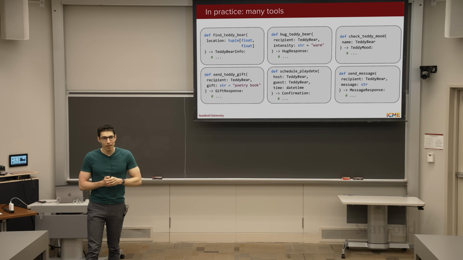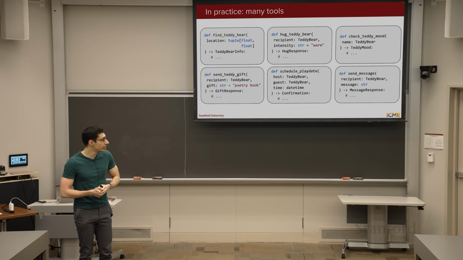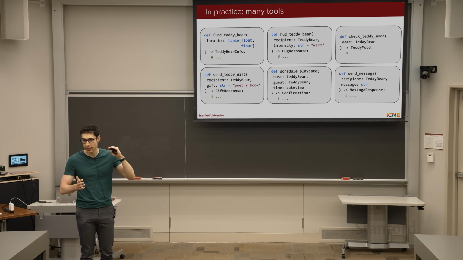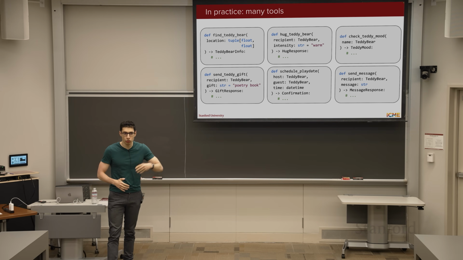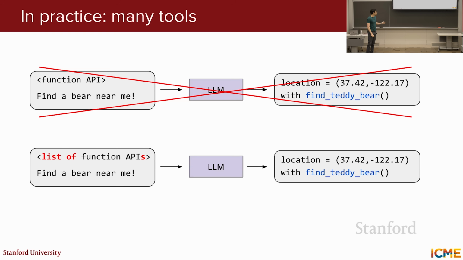So you have a lot more functions that might be relevant to be added as a preamble. Just because you don't know what function would need to be used, you just need to put all of that just in case. So the setup is exactly the one that you mentioned, where you don't have just one API, but multiple ones.